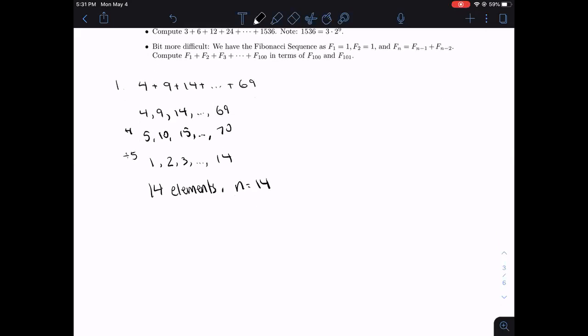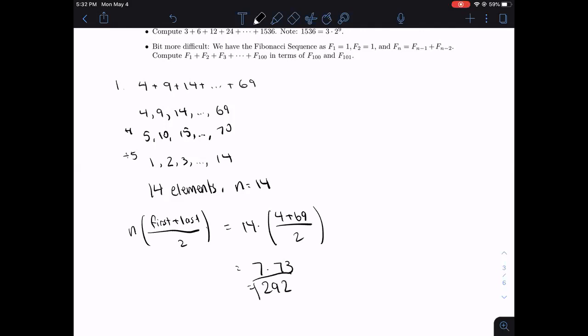Now, if we remember the formula, it's n times first plus last over 2. And this is 14 times 4 plus 69 over 2. And now we just compute this. 73 times 7 is 511.